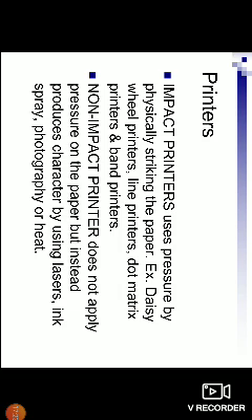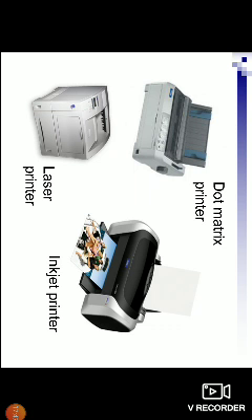These are the different types of impact printers. Next is non-impact printers. They do not apply pressure on the paper but instead produce characters by using lasers, ink spray, photography or heat. So let's see the different types of printers.